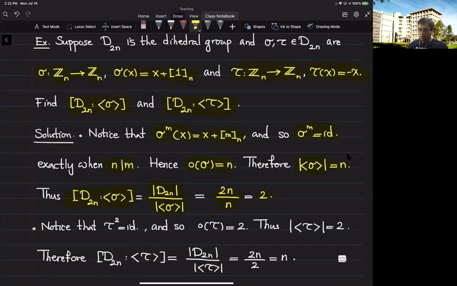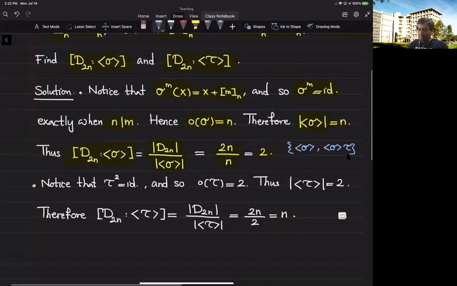In fact, we know what the cosets are. So they are sigma and sigma tau. These are the only 2 cosets. We know that these form a partition of D sub 2n, and that's why this is the set of all the cosets. Now, how about tau? We know tau squared is identity.